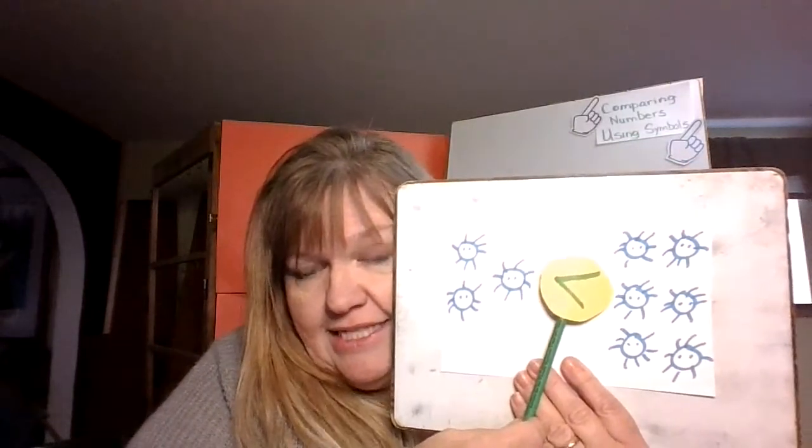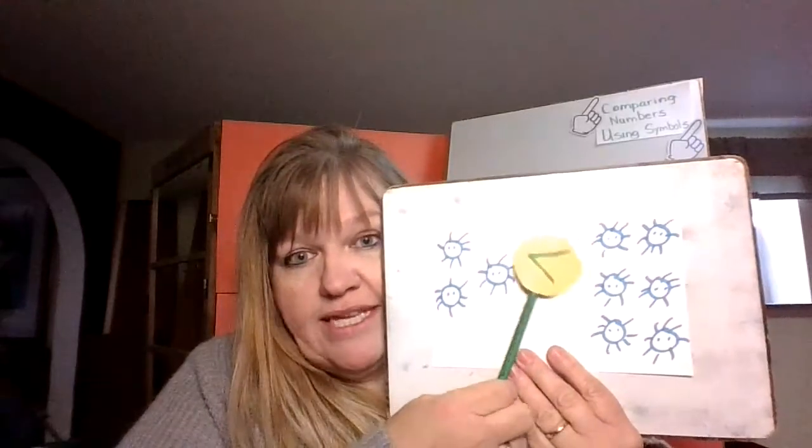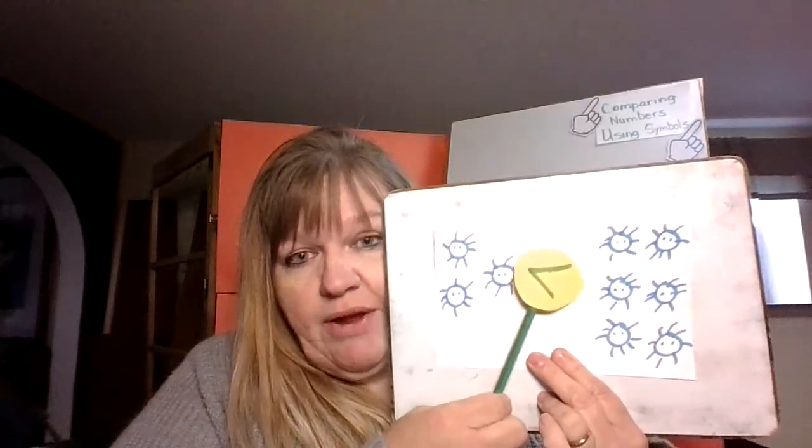Let's see, would this one work? Look at that. 3 is less than 6. Is the alligator's mouth open to the bigger side? Yes, it is. So this is the symbol you would use if you were comparing these two sets of numbers.